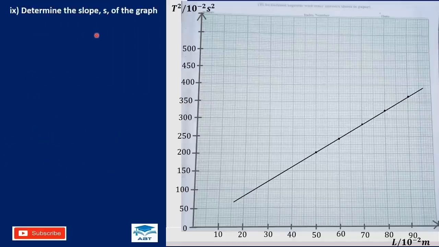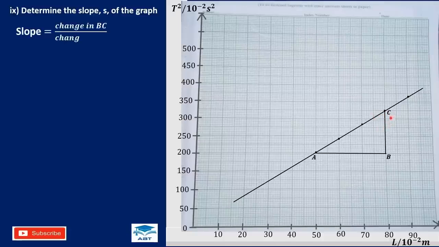Determine the slope S of the graph. So we draw a horizontal and a vertical line. We name here A, B, and C. The slope is change in BC over change in AB.